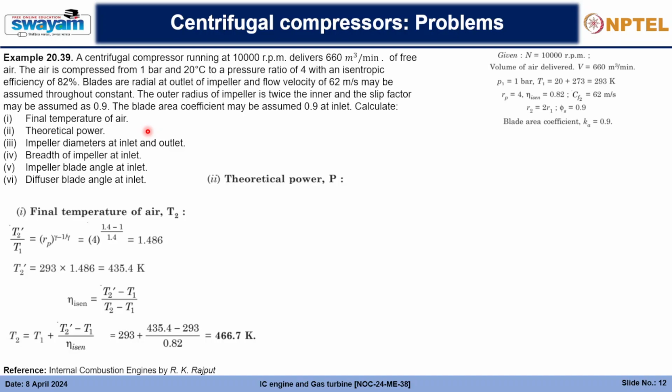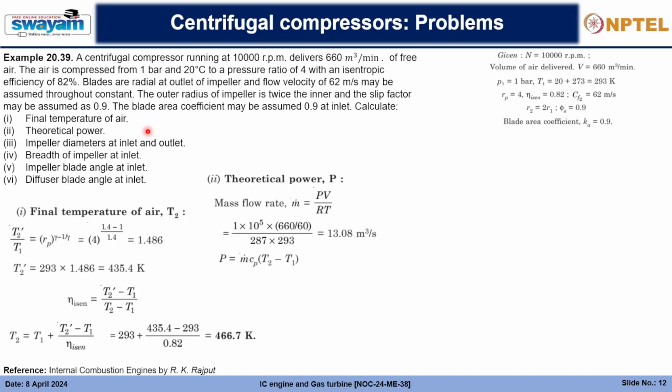Next, we need to calculate the theoretical power. The theoretical power will be mass flow rate into the enthalpy rise. First we can calculate the mass flow rate, that is PV by RT. Plug in the values, you will get 13.08 meter cube per second.